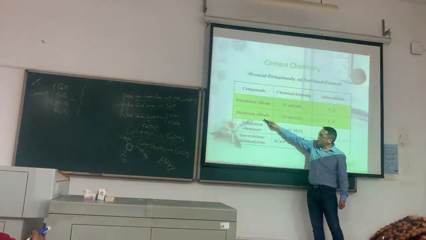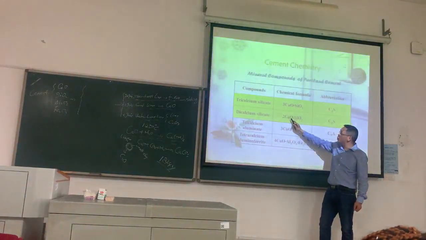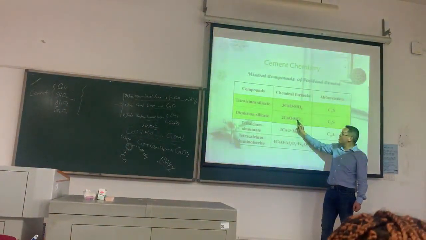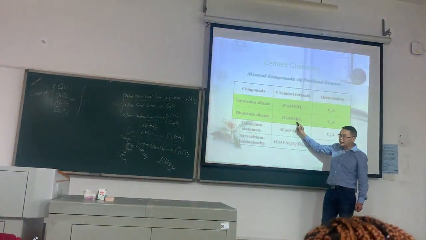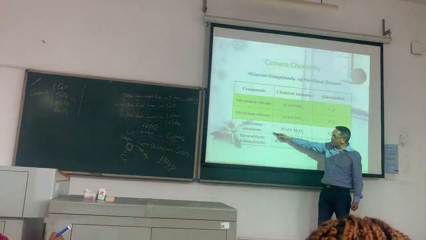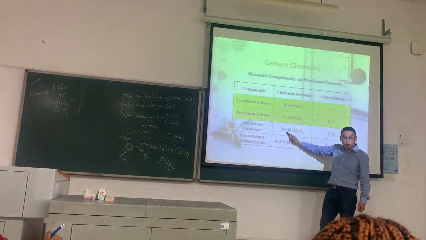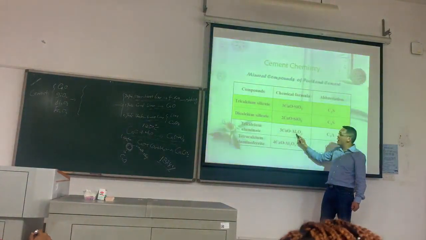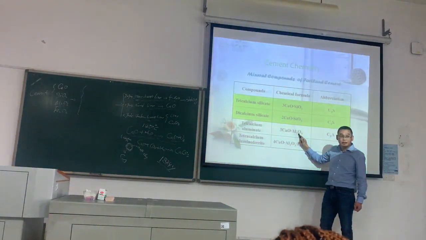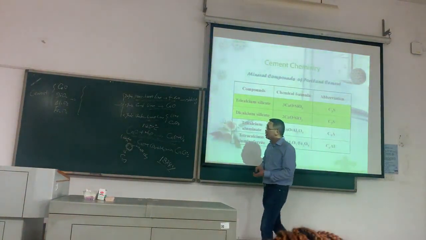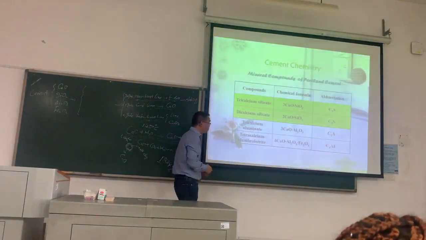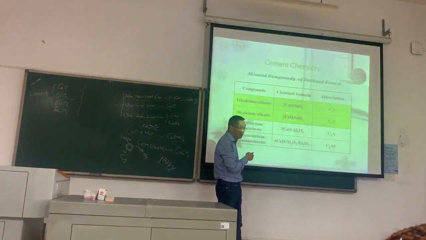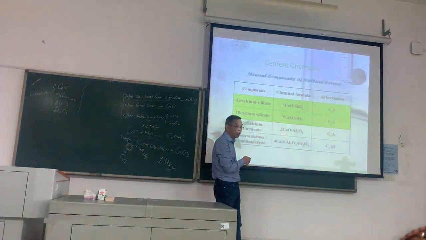For the dicalcium silicate, it consists of 2 calcium oxide and 1 silica. And for the tricalcium aluminate, it consists of 3 calcium oxide and 1 aluminate. So we need to remember the chemical formulas of them.